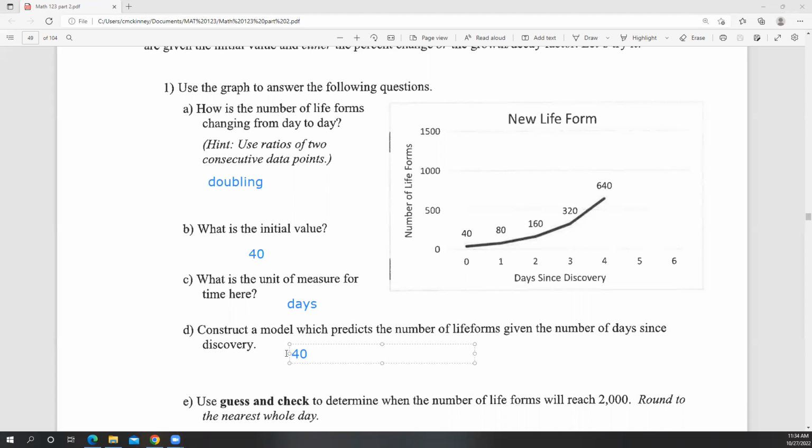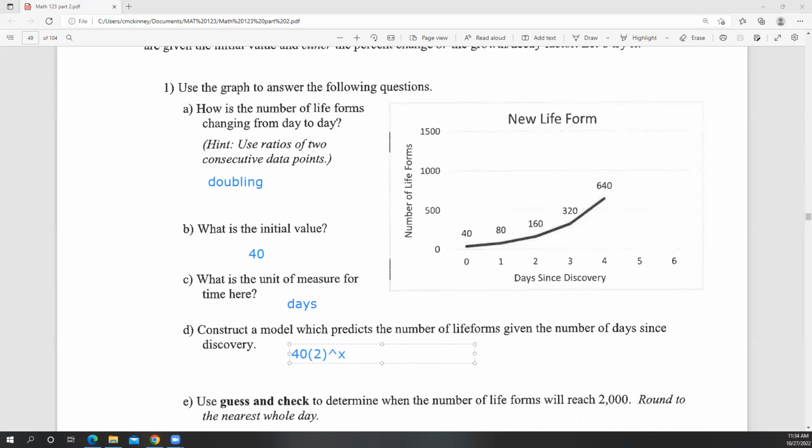And then when we do 1 plus the 100%, or if something is doubling, it's just a 2. And then this would be my X or my days or D or whatever I want.